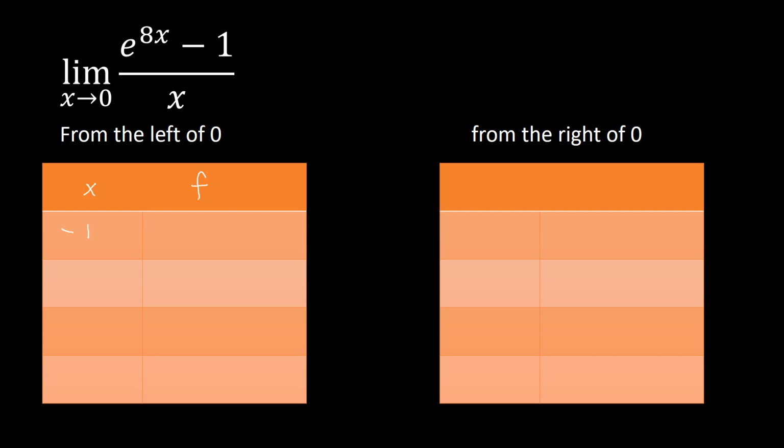And our f of x here is equal to, once you input your function on the calculator, you can set that one up on a degrees mode. So we have here e to the power of 8 times negative 1 minus 1 over negative 1. Try to input that on the calculator. You can look for the e to the power of x function.